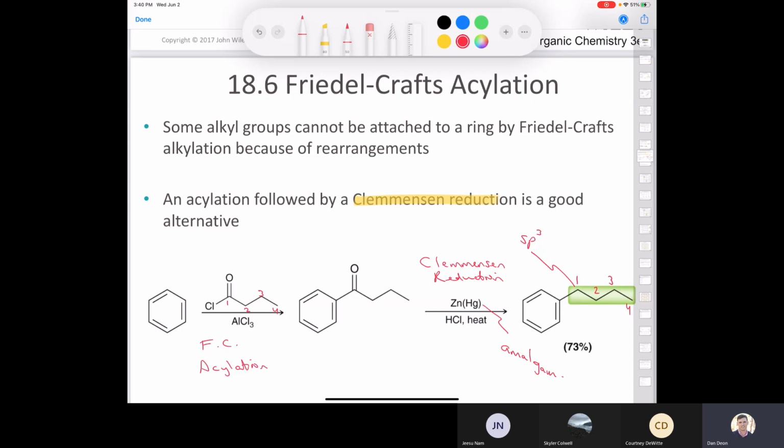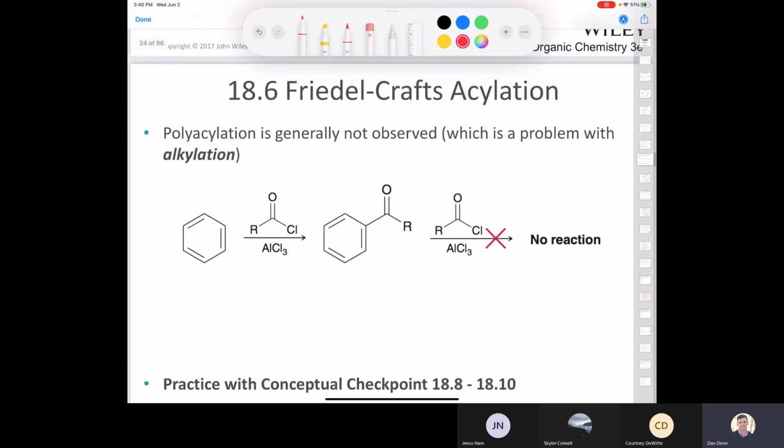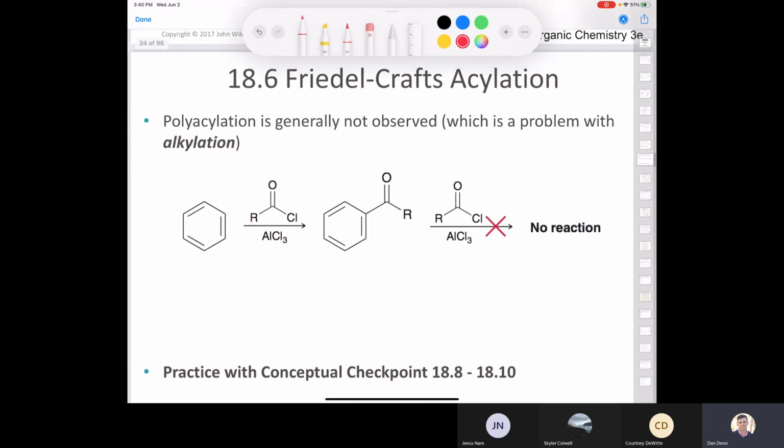This is another mechanism that is not included in our textbook. It is beyond the scope of our course. So it's going to be one of those reactions that you simply have to memorize, the Clemmensen reduction. So what are some nuances of the Friedel-Crafts acylation?